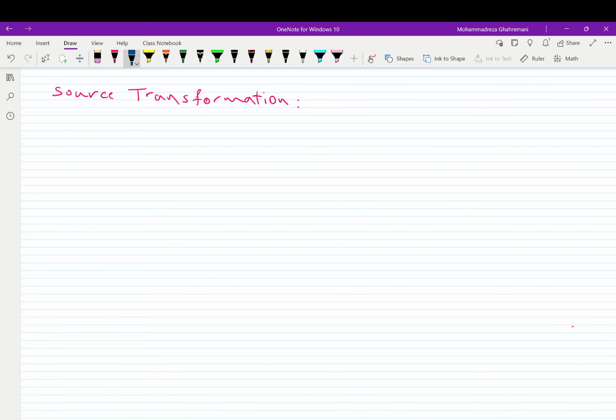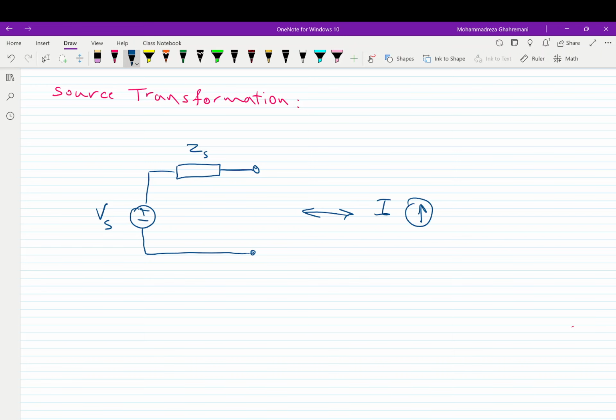So if we have an AC voltage source in phasor Vs, which is in series with an impedance Z sub S, it can be converted to an AC current source in parallel with the same impedance.